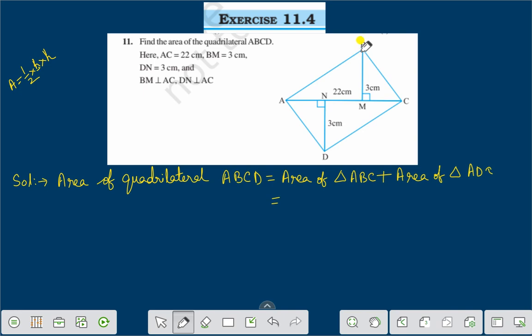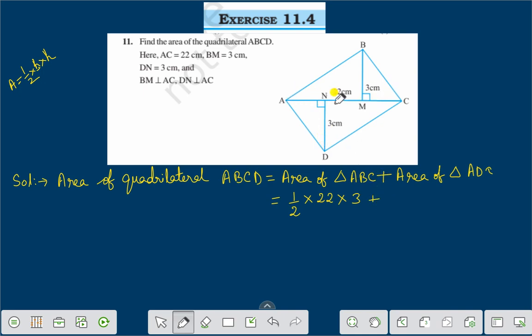Here you see, this is the triangle ABC. This is the base of the triangle. Base is 22 cm and height is BM, that is 3 cm. That is half base into height. Half base is 22 and height is 3. Here you see, this is 3 plus area of triangle ADC.